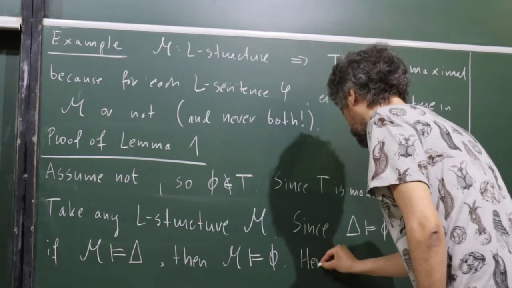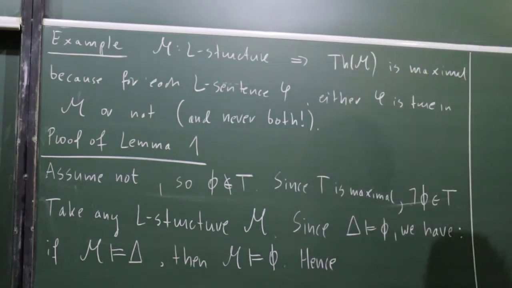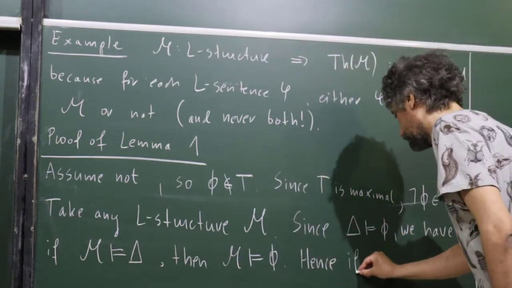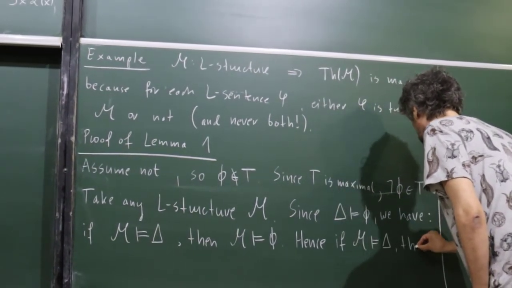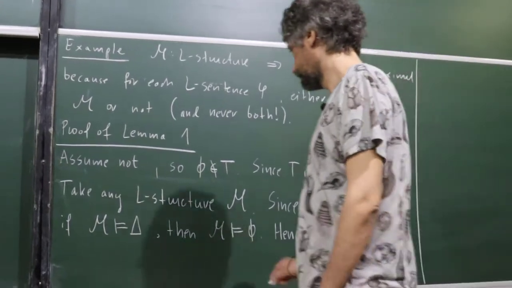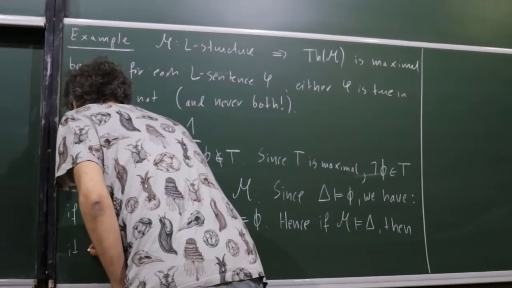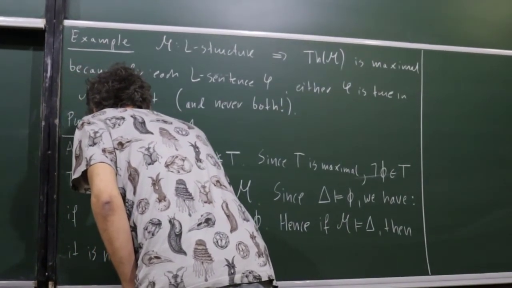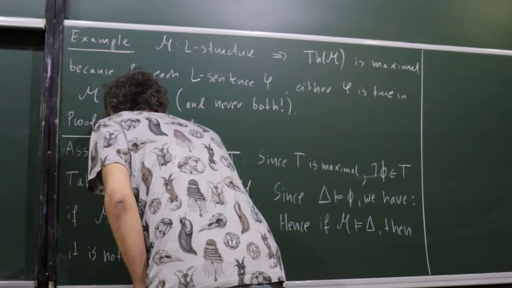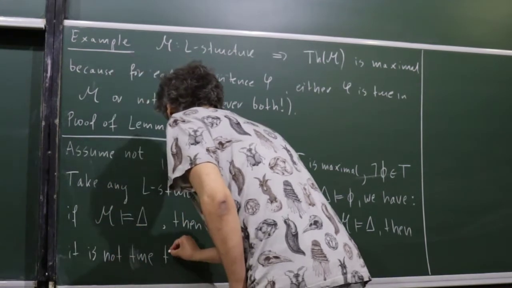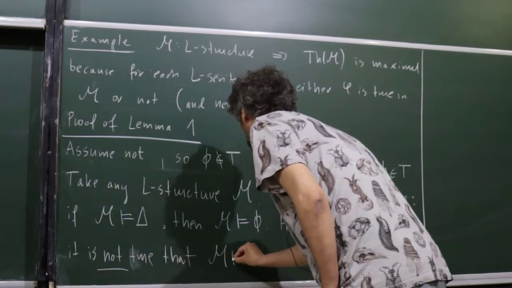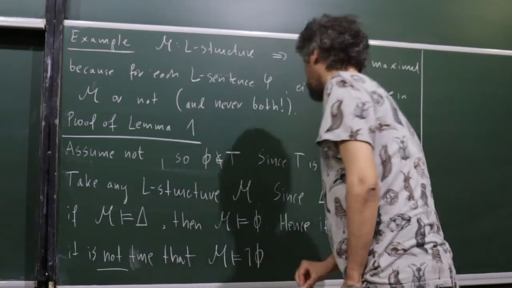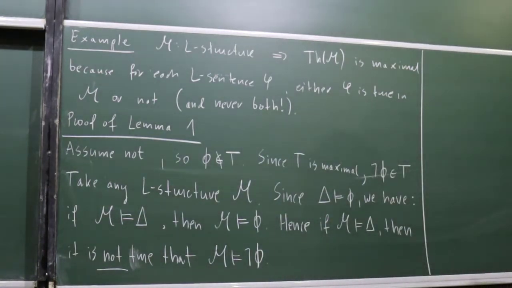Hence, if M models delta, then it is not true that M models the negation of phi.